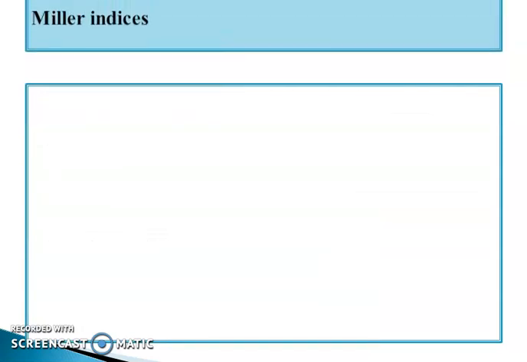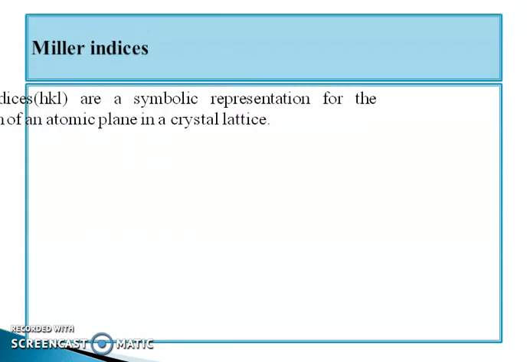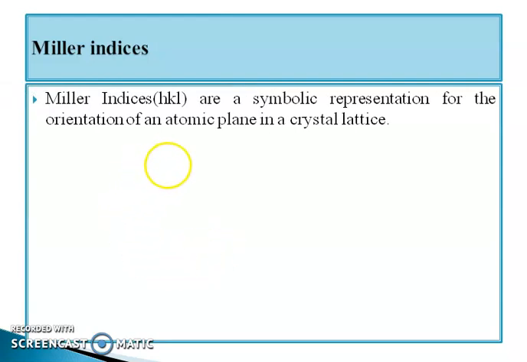Now next is Miller indices. What are these Miller indices? These indices are represented as hkl, which is the symbolic representation of the orientation of an atomic plane in a crystal lattice.